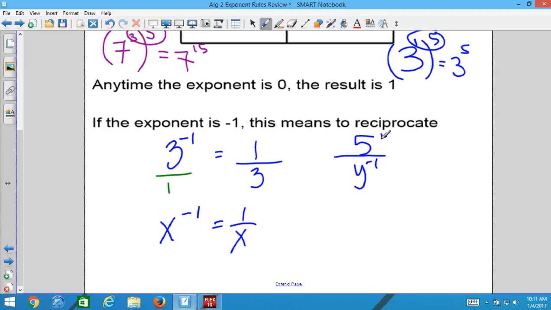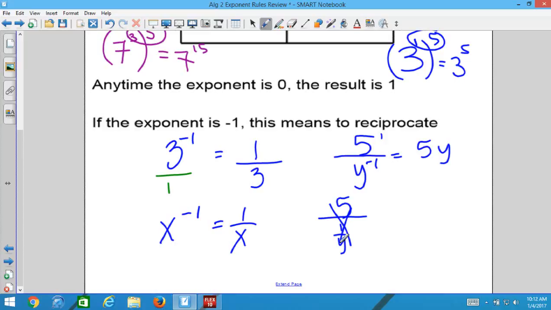But the y has a negative exponent, so only the y moves. 5 over 1 over y, or just move the y up. What you said first is fine, but you have to keep simplifying it. Jared said 5 over 1 over y. But you can't leave a fraction inside of a fraction, so that would be more complicated than just move it up.